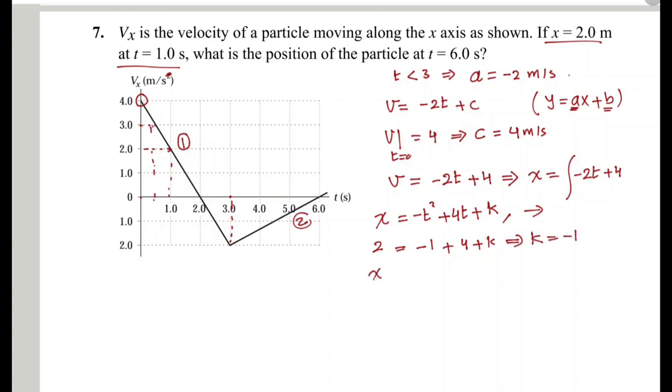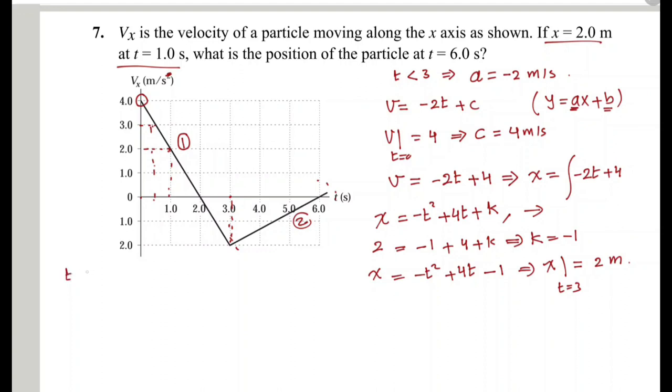So the position in the first part of the curve equal to minus t squared plus 4t minus 1. Now x when t equal to 3 equal to 2 meters.